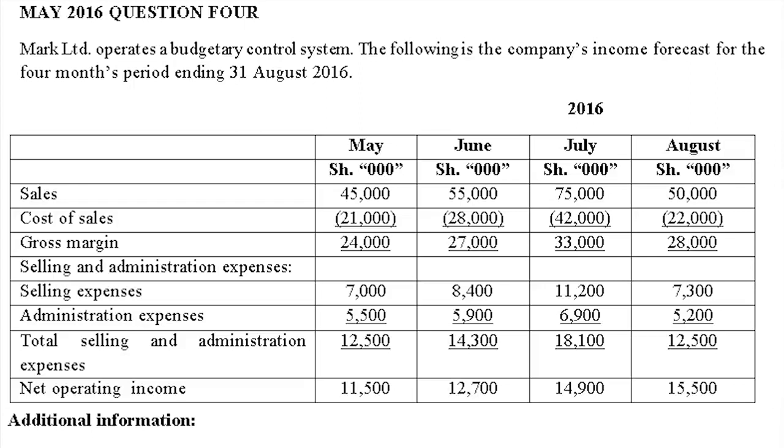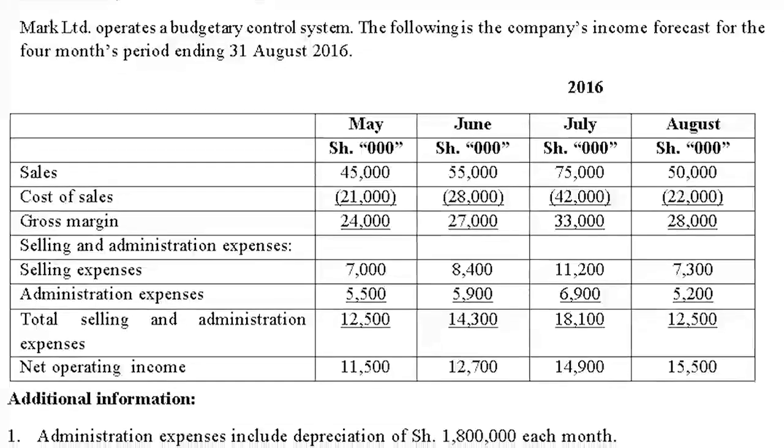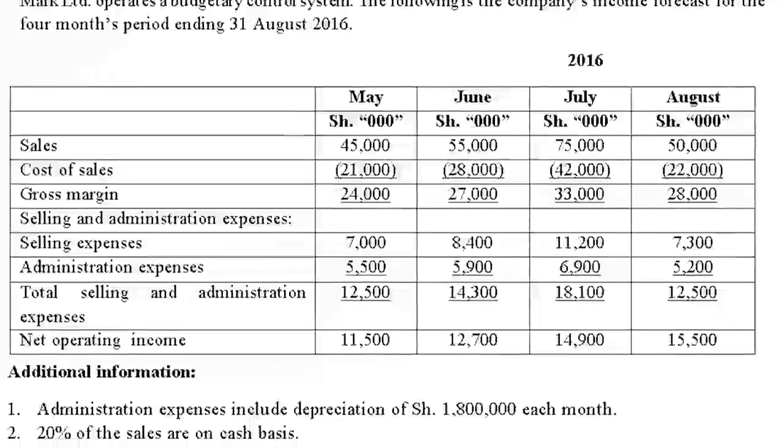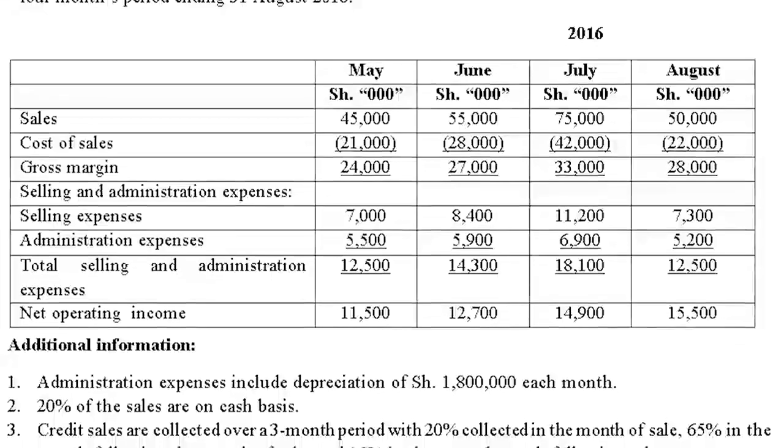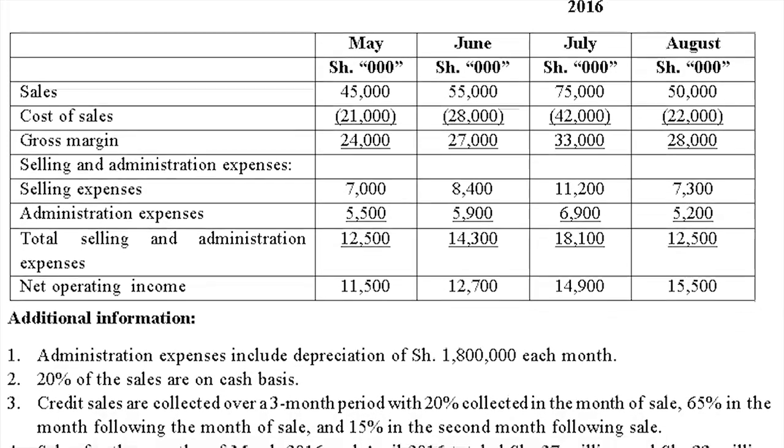Selling and administration expenses: we have selling expenses which are 7,000, 8,400, 11,200, 7,300 respectively. Administration expenses 5,500, 5,900, 6,900, and 5,200. Total selling and administration expenses 12,500, 14,300, 18,100, and 12,500.